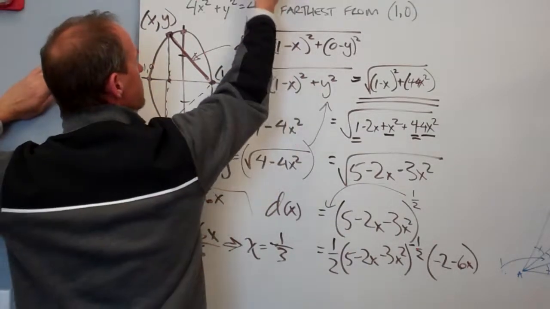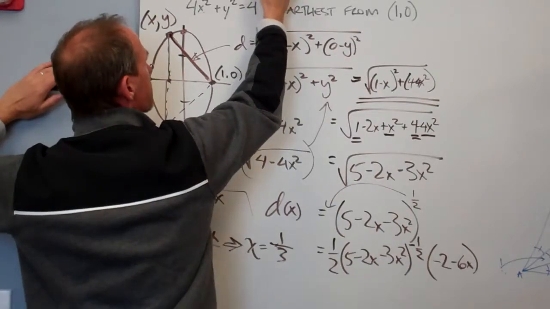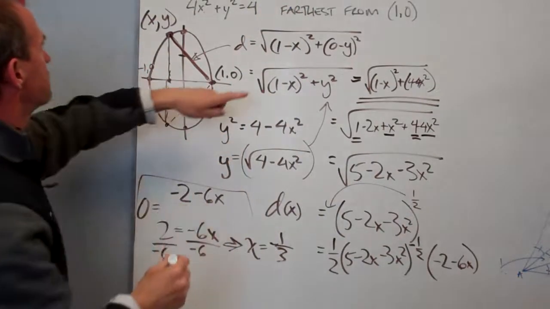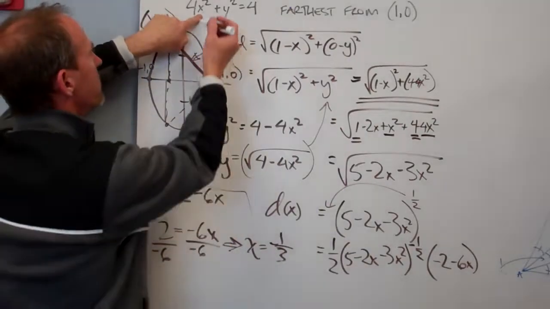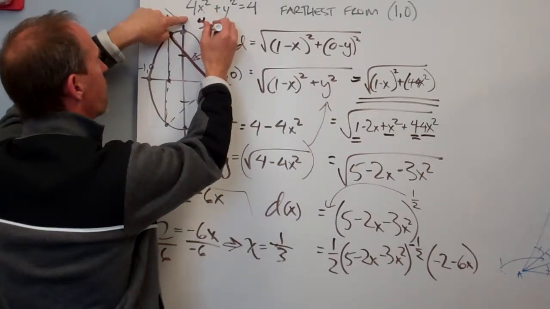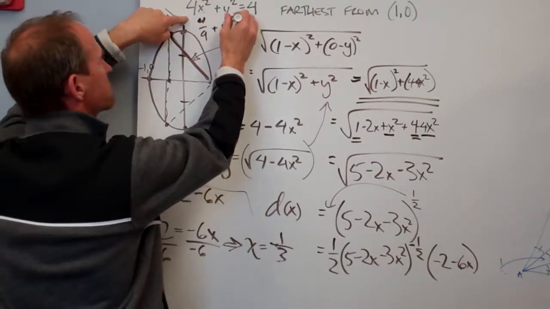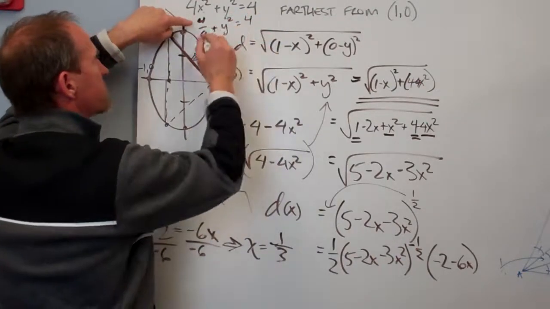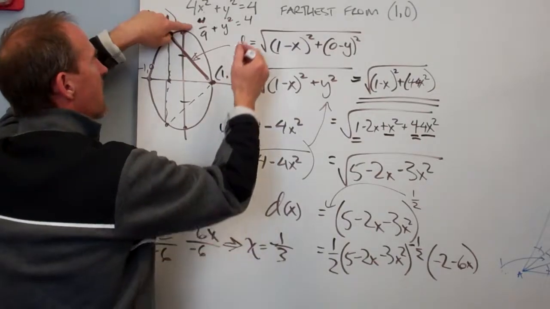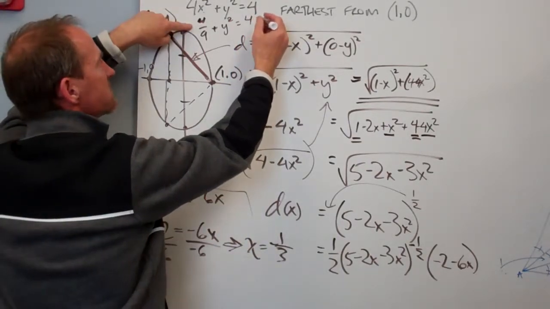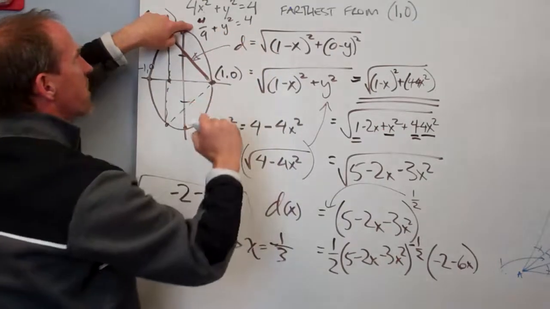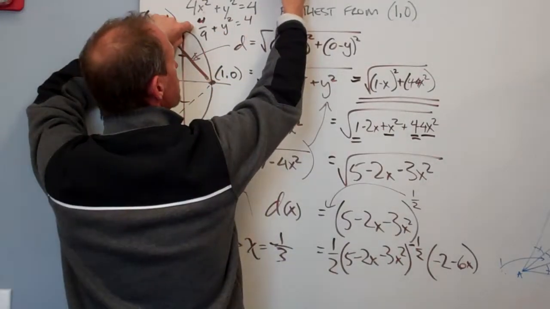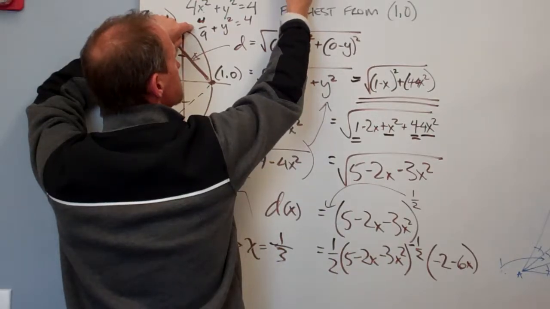So it's going to be minus 1/3, and then if we substitute it in for x, 1/3 squared is 1/9, so this is 4/9 plus y squared equals 4. If I subtract that from both sides, that will get 36/9. When I take away 4 from 36, I'll get 32/9. So the square root of 32/9. So it'll be radical, and I'm just going to leave it 32/9.